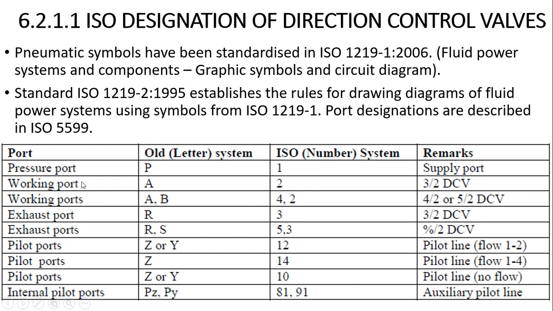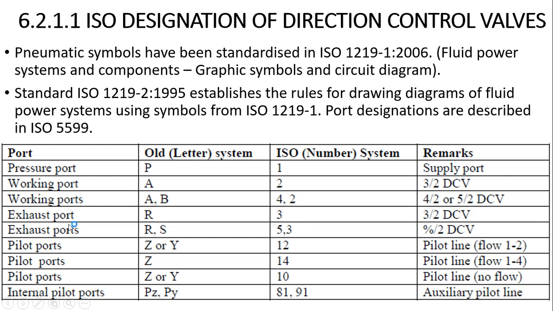Working ports. Now what is a working port? A working port means the port which is connected to your cylinders, that is, actuators. So the working ports are 2 and 4, and 2 in the case of a 3 by 2 direction control valve, 4 and 2 in the case of a 4 by 2 or 5 by 2 direction control valve.